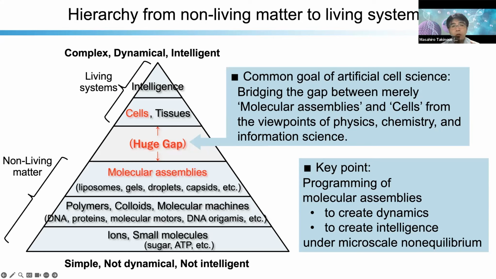Therefore, we need a new science to bridge this gap. That is the construction of artificial cells, maybe. In a sense, this is also the question of what life is, and I believe we will understand it when we can bridge this gap.